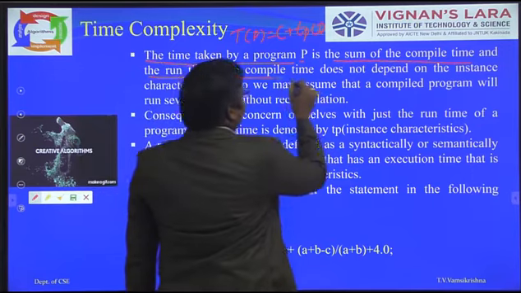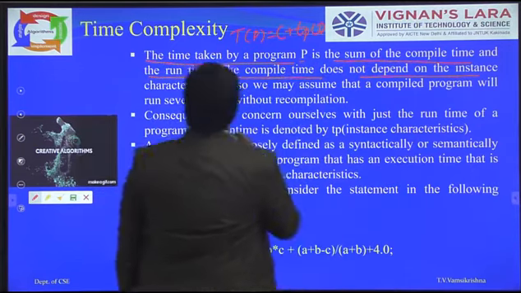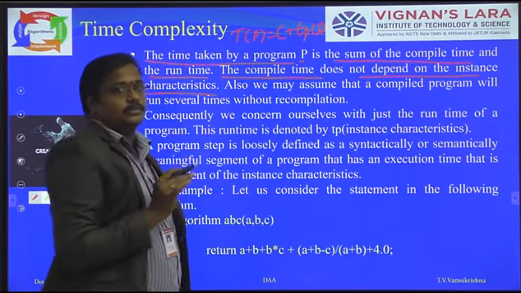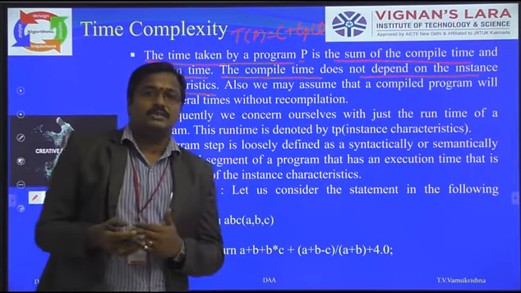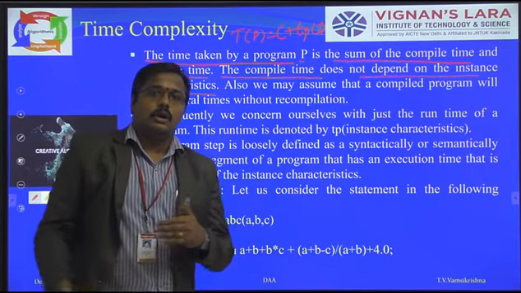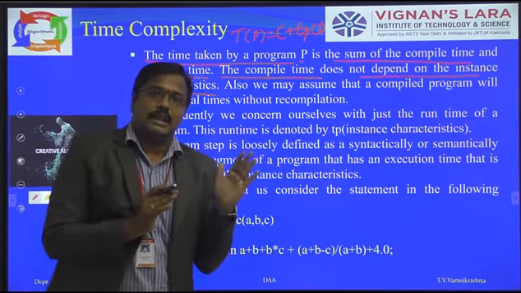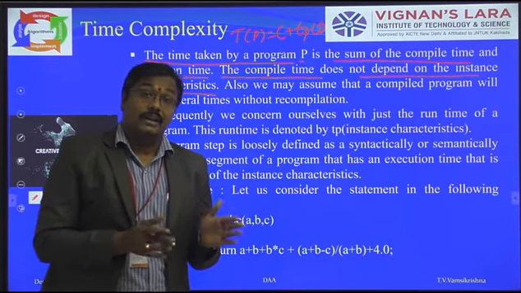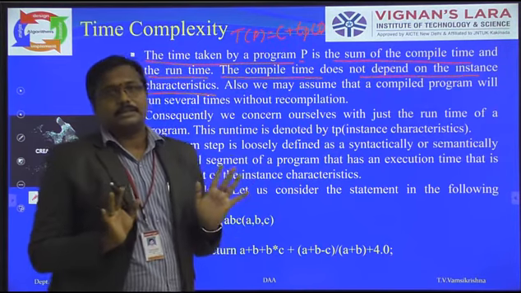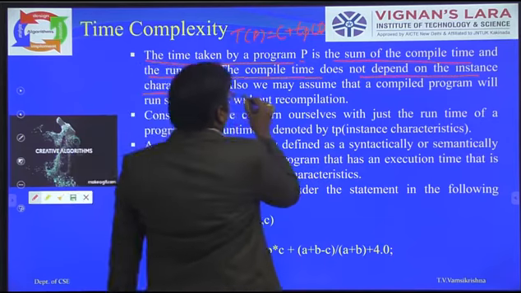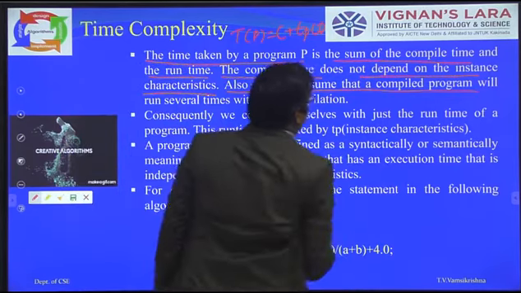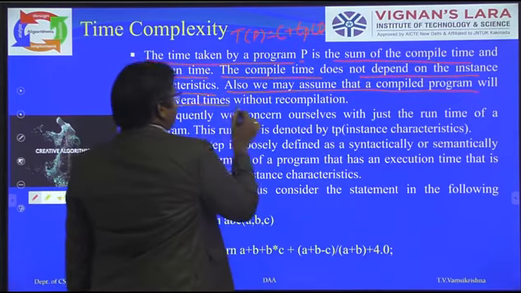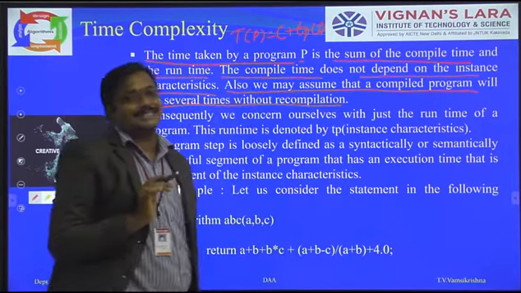Next, the compile time does not depend on the instance characteristics, means it doesn't depend on the inputs. So it is already a fixed amount of time to run different types of test cases. Also we may assume that the program will be run several times without recompilation.